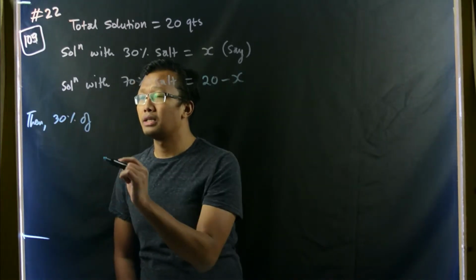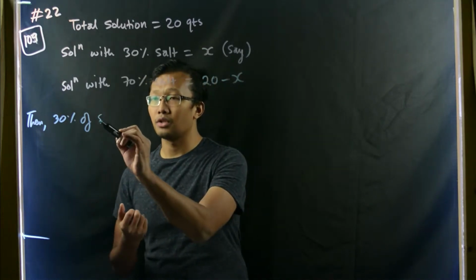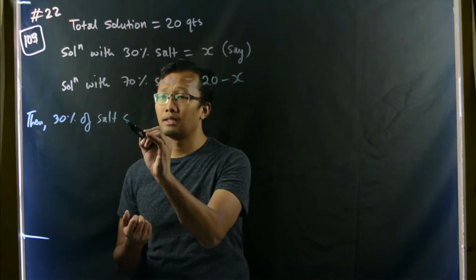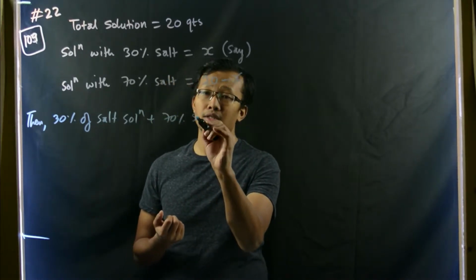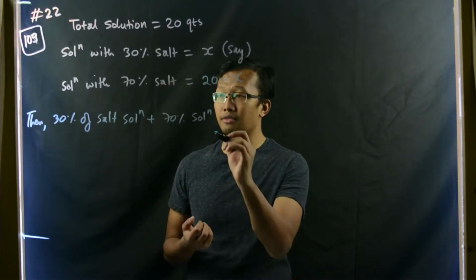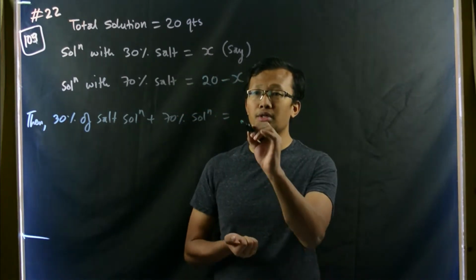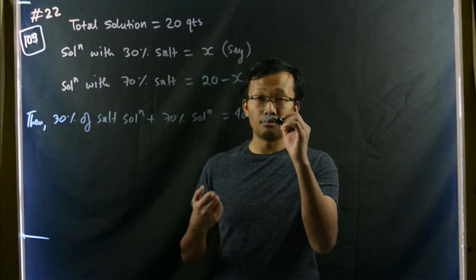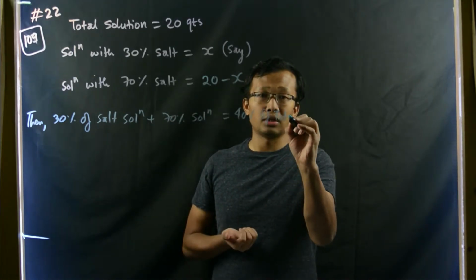Then we know by the question that mixing 30% salt solution plus 70% salt solution, the second kind of salt solution, equals 40% of the entire salt solution total.